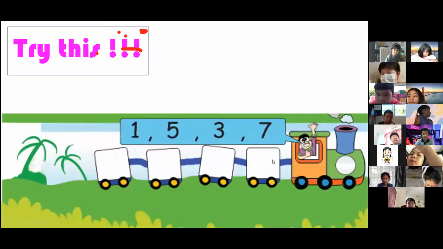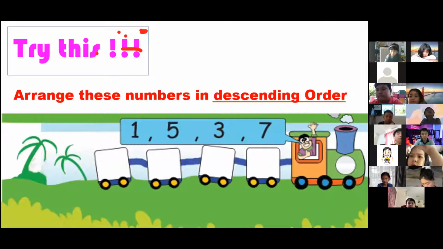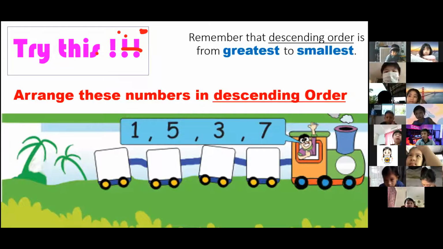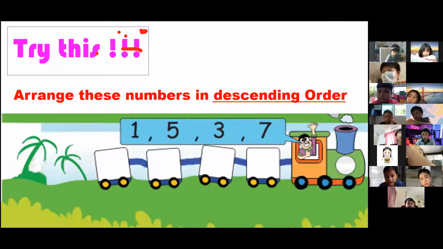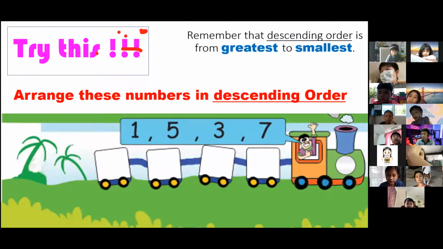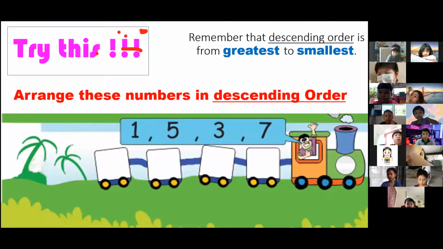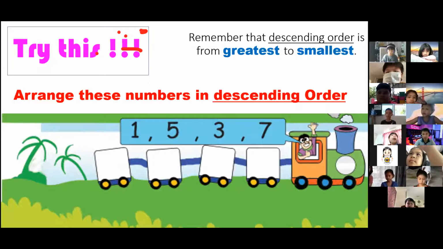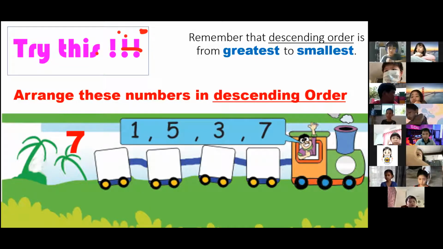Very good. Now let's try this one. We will arrange these numbers in descending order. Always remember that descending order is from greatest to smallest. What is the greatest number here? The greatest number here is 7.